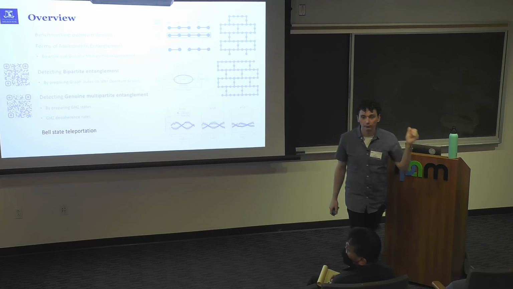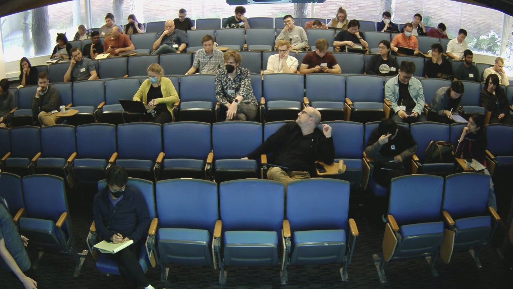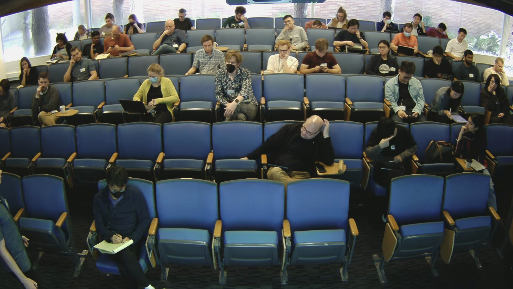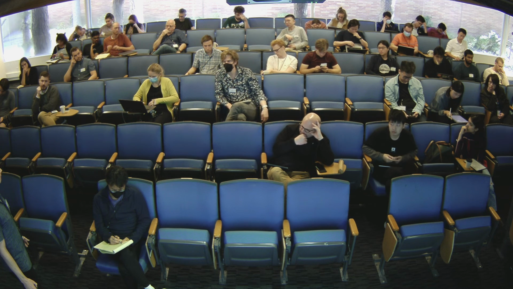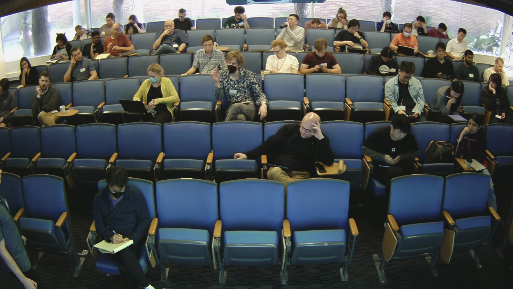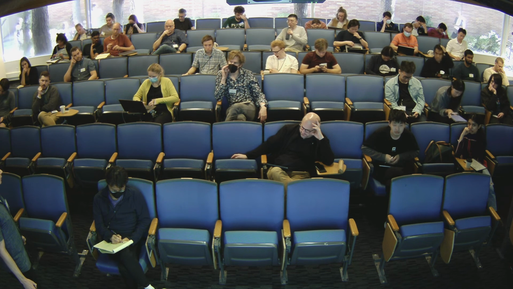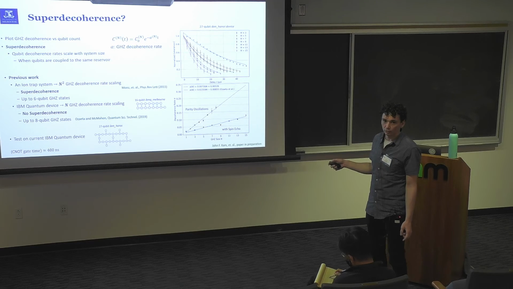For the super decoherence, shouldn't that just always occur? It's just that you're not at large enough sizes to see the n squared scaling, or why? What would prevent a GHZ state from showing this, when it still has a Fisher information going as n squared? I don't know a lot about it, but as far as I know, it depends on what the qubits are coupled to.